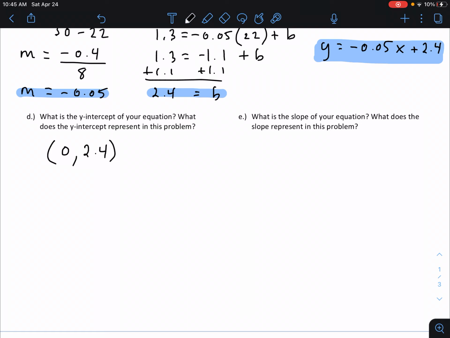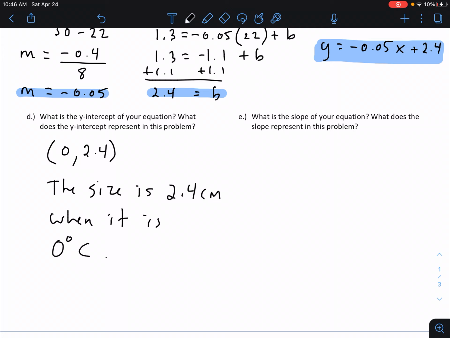And this one is a little bit different because we have an x value that represents temperature and a y value that represents the size of the gap in centimeters. And so what this actually is, the size of the gap is 2.4 centimeters when it is 0 degrees Celsius.